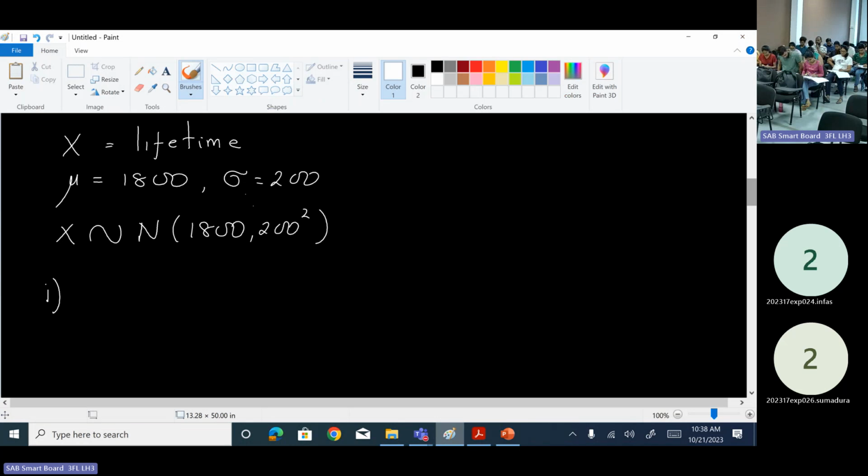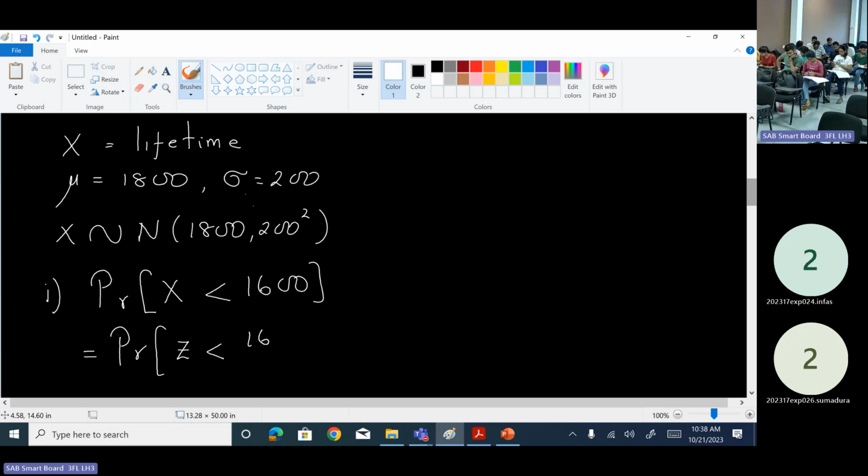As you read, you write down probability of lifetime X less than 1,600. This is a general normal, so we have to transfer this to standard normal: 1,600 subtract the mean divided by sigma.